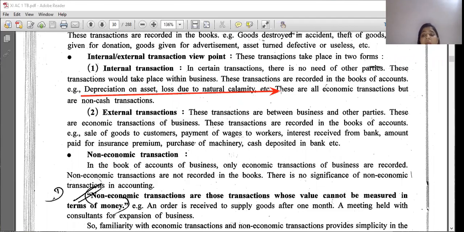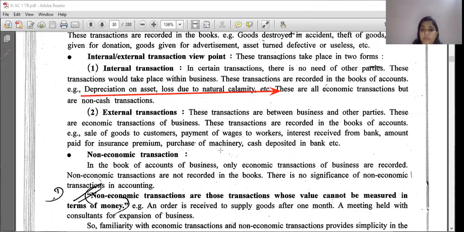External transactions are transactions between business and other parties. These are economic transactions of business. These transactions are recorded in the books of account, that is sale of goods to customer, payment of wages to workers, interest received from bank, amount paid for insurance premium, purchase of machinery, cash deposit, etc. Whatever the type of payment you are paying to any other third party, not in your business, is termed as external transaction.